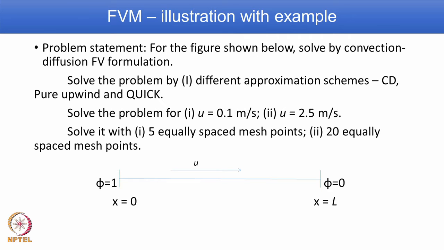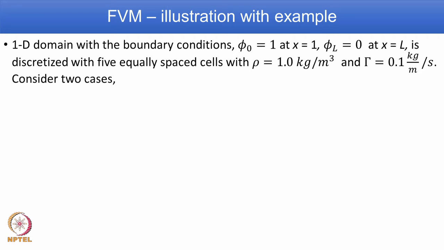Similarly, solve it with 5 equally spaced mesh points or 20 equally spaced mesh points. So, the given domain is x equal to 0 to x equal to L, length L. If L is equal to 1, then if you divide by 5 equally spaced mesh points, delta x will be 0.02. If you divide by 20, then delta x will be 0.02, and this delta x term goes into the diffusion term calculation. In the last slide, we explained the problem. Now, let us get some more explanation.